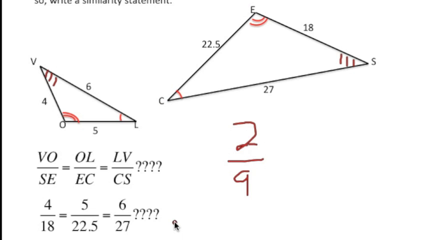So again, this will be a little rough, but triangle VOL is similar, so we use our similar symbol there, to triangle SEC. And there we go. All right, moving on.